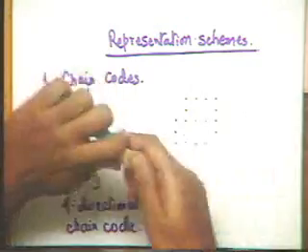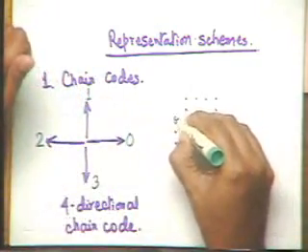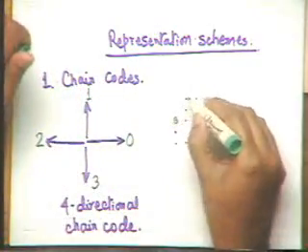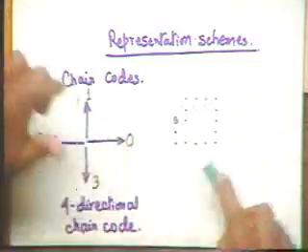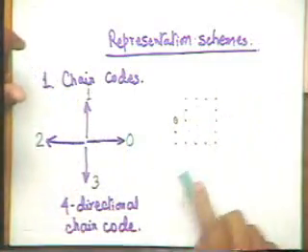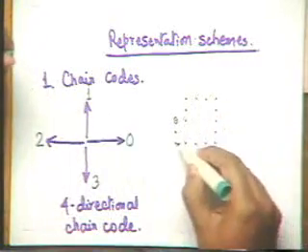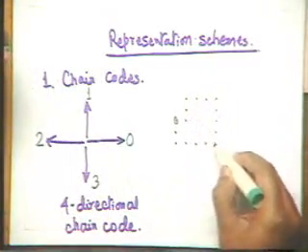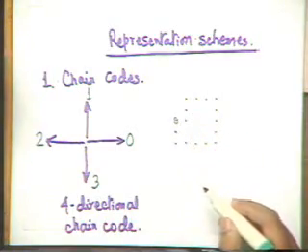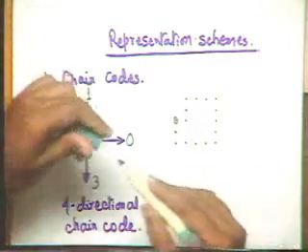Supposing this is our starting point, from here we will travel along the contour of this region. This is a particular region which we have chosen, and the points which are marked with red are nothing but the boundary pixels of the region.